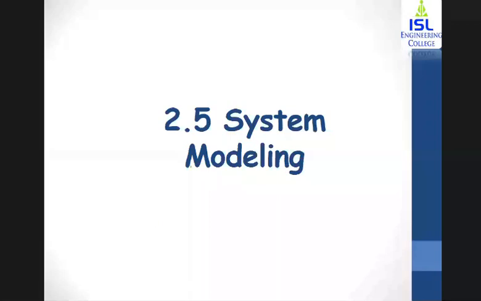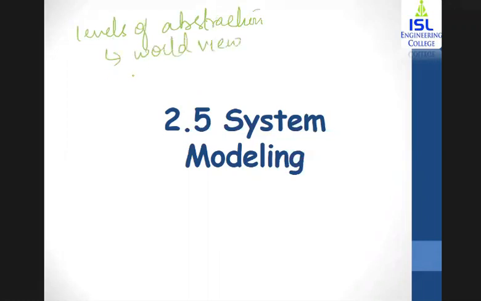The next topic that we'll be studying is system modeling. Now, what is system modeling? Within the previous topics, we have seen that there are different levels of abstraction. These different levels of abstraction are called as your world view, the domain view, or the element view.